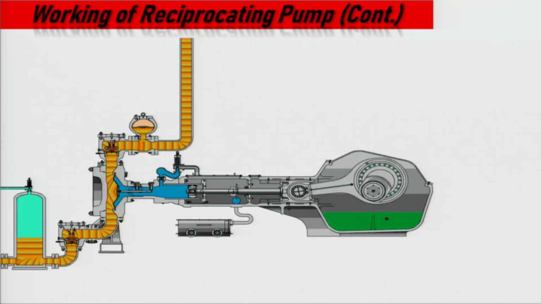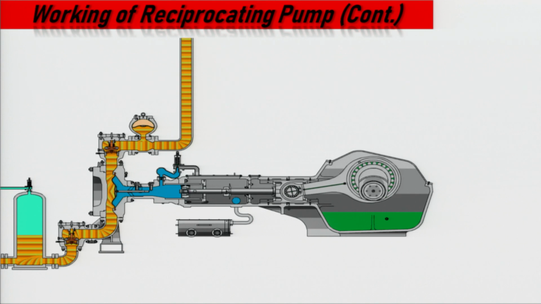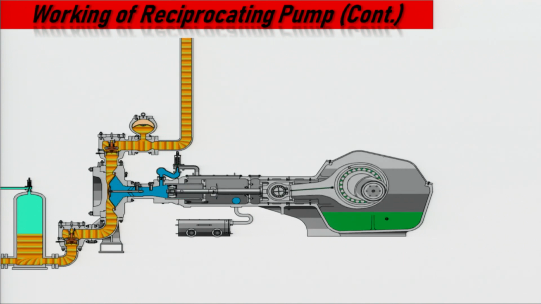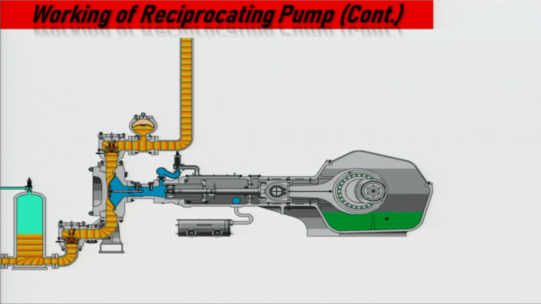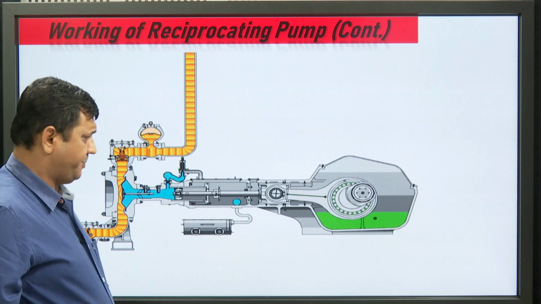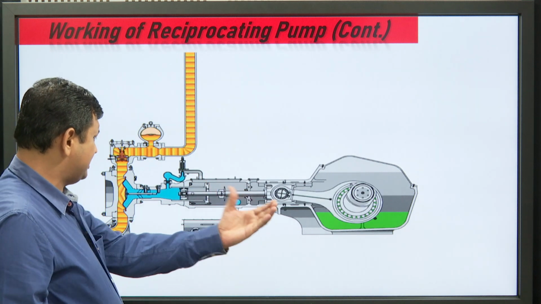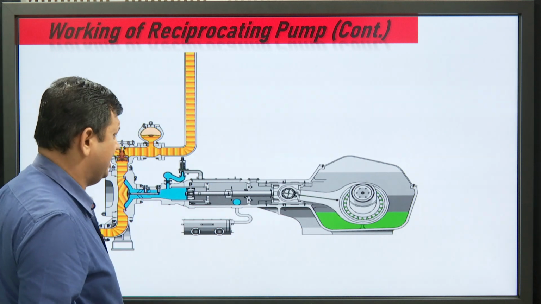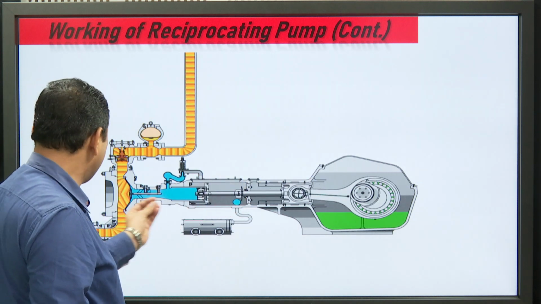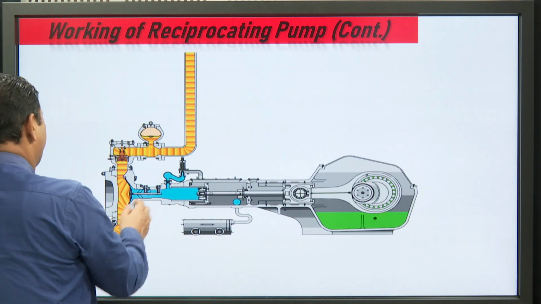We see here a very crisp, real example of the reciprocating pump, how it is connected to the external prime mover, mechanical power, and then the cylinder piston arrangement.